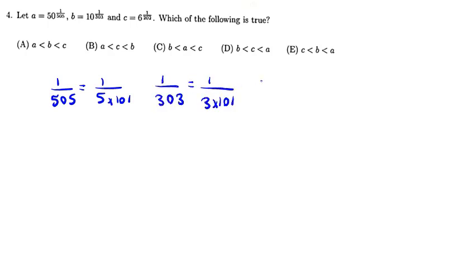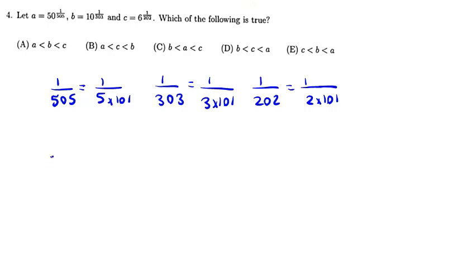Okay, so here if you consider 1 over 505, it will be 1 over 5 times 101. 1 over 303, it's 1 over 3 times 101. 1 over 202, it's 1 over 2 times 101. So let's consider these three numbers.